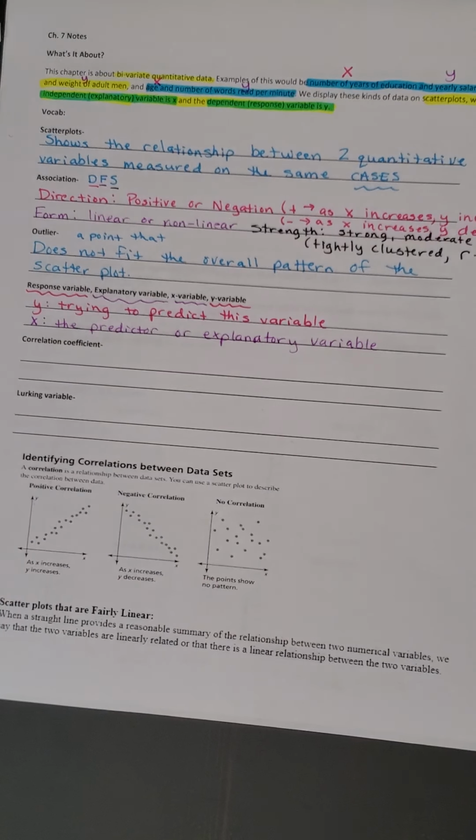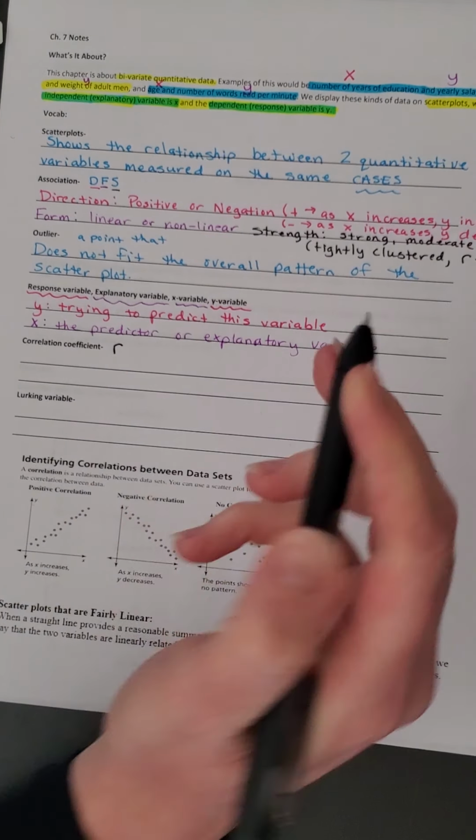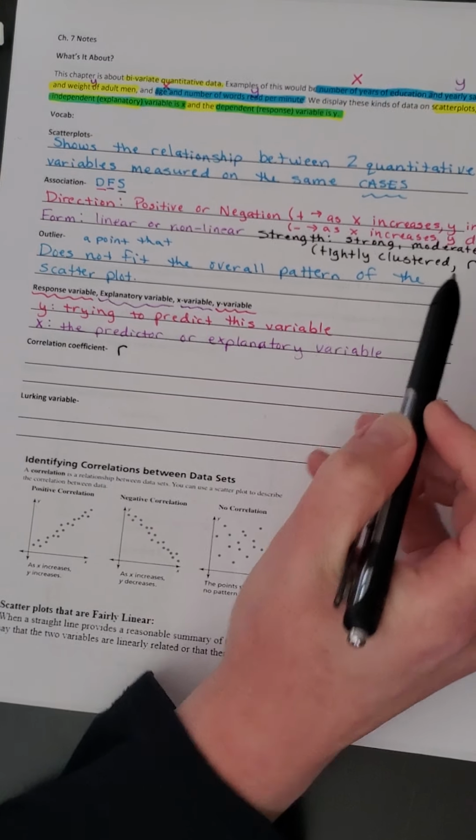All right, correlation coefficient. So this is like the meat and potatoes, and you've probably heard this phrase before. A correlation coefficient. We use the letter R to represent that, and earlier I said R value, right?